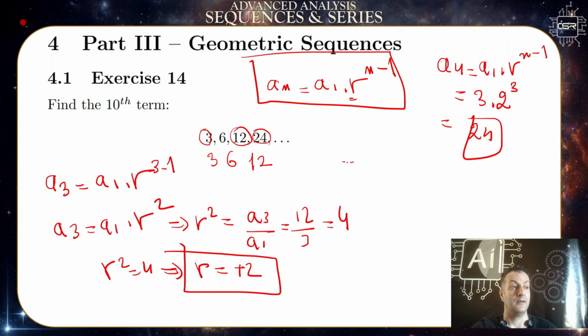Hence, the tenth term is given by a10 equal to a1 times r to the power of n minus 1, which is 3 times 2 to the power of n minus 1. What is n? 10. Minus 1 is 9.